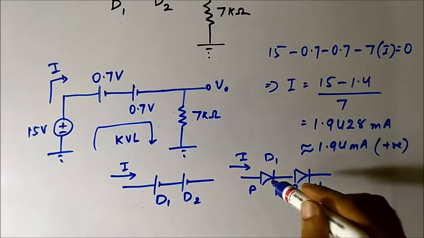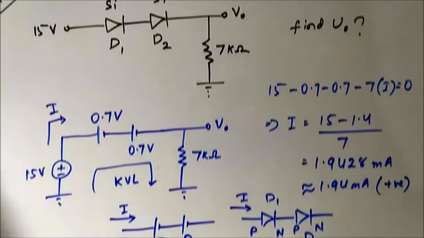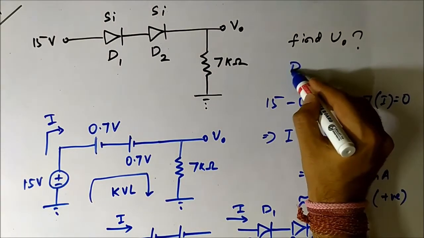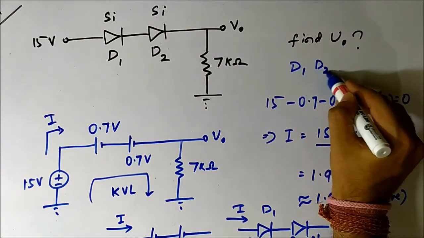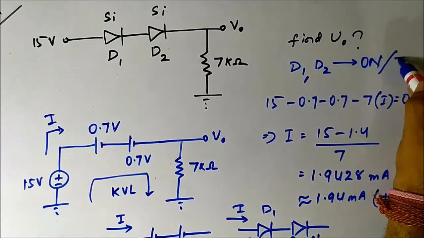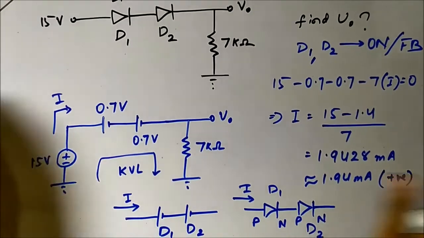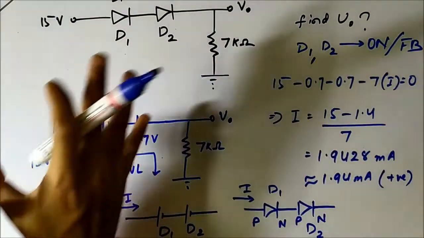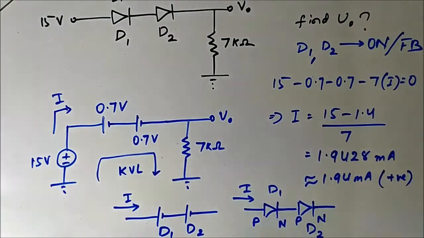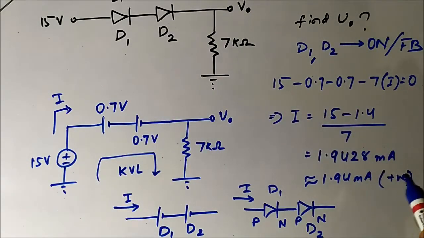As the current is flowing from P to N through both the diodes, both diodes D1 and D2 are on, forward biased. So this analysis that we did to find the current I is also true. The current flowing through the circuit is 1.94 milliampere.